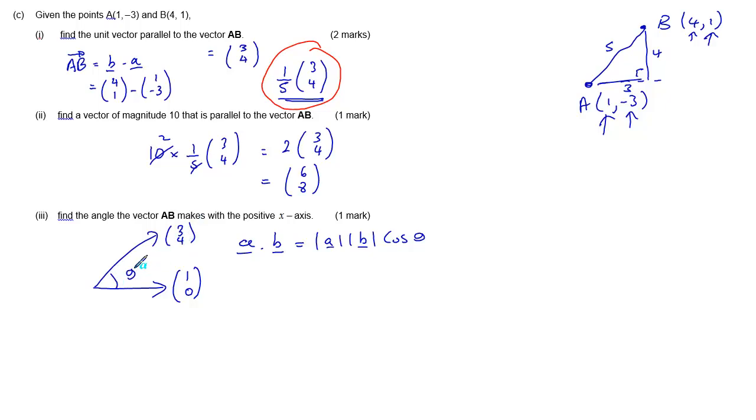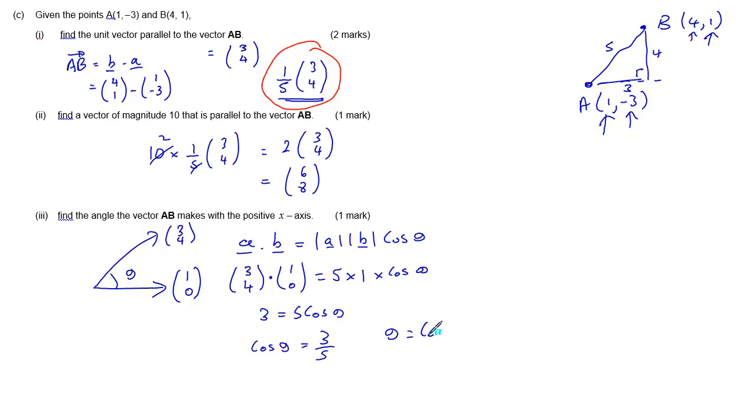So we want this angle just here. So that's going to be (3, 4) dot (1, 0) equals 5 times 1 times cos theta. So this is going to be 3 equals 5 cos theta. So cos theta equals 3/5. And then theta is going to be the inverse cosine of 3/5.